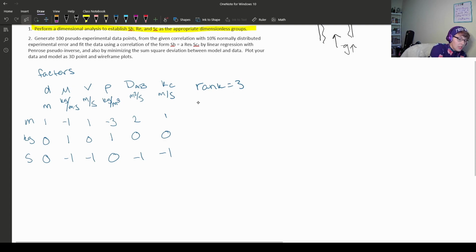That is calculated by i equals the number of total groups minus the rank. Since we have 6 groups here, that is our n. That leaves us with 3 pi groups, 3 dimensionless groups that we need to identify.